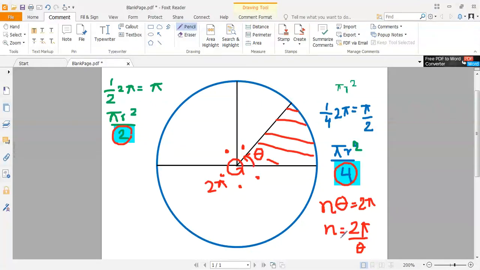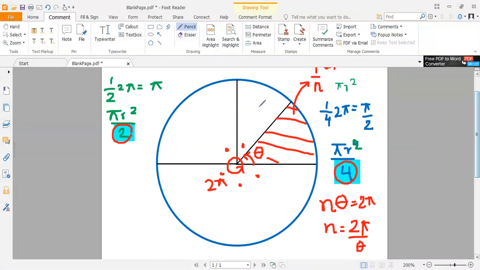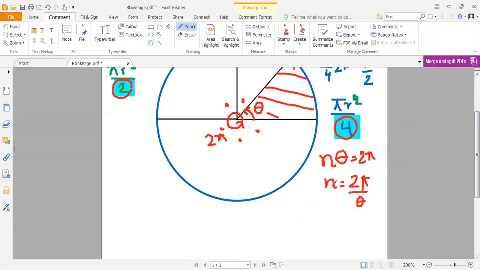This time, if there are n such theta-angled pieces, then each piece is 1 by n, or 1 nth, of the entire pizza or pie. So now I can write n as 2 pi by theta.